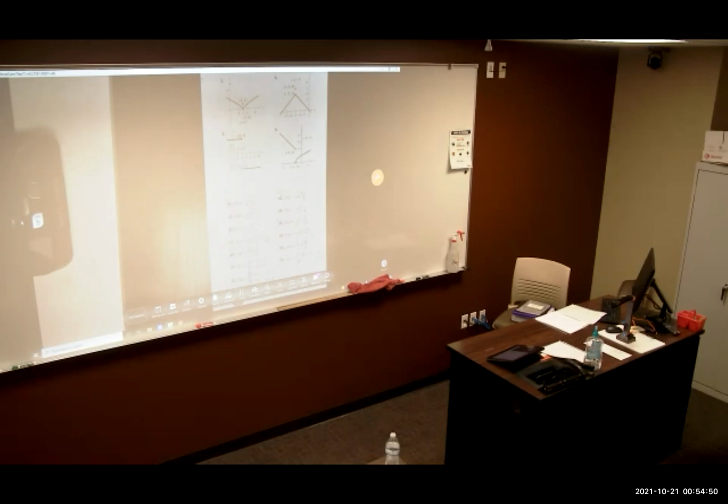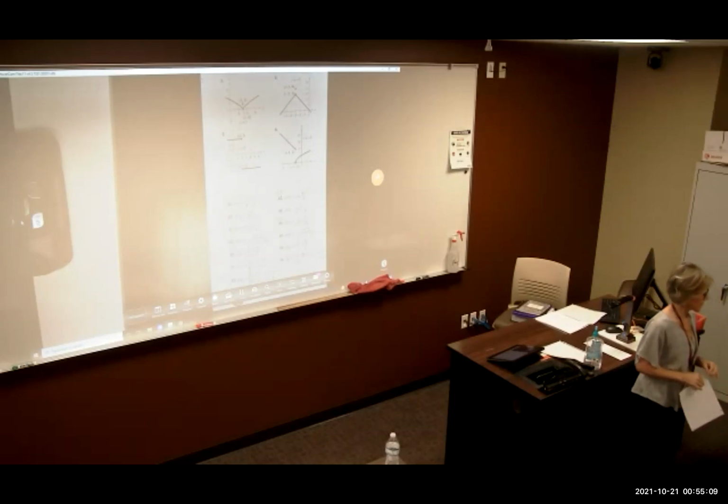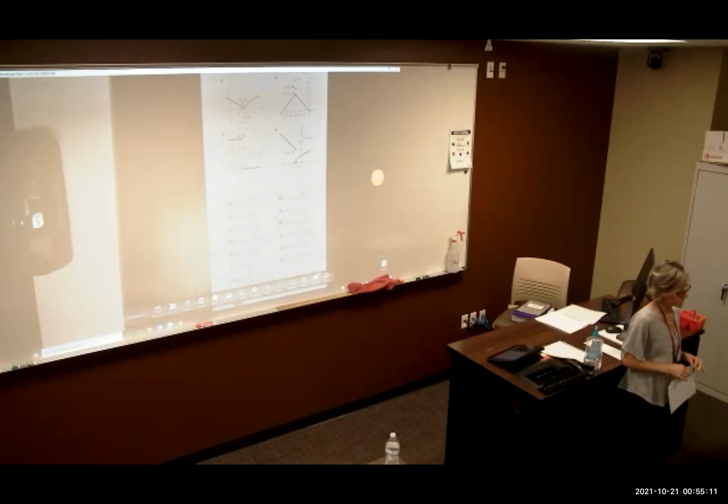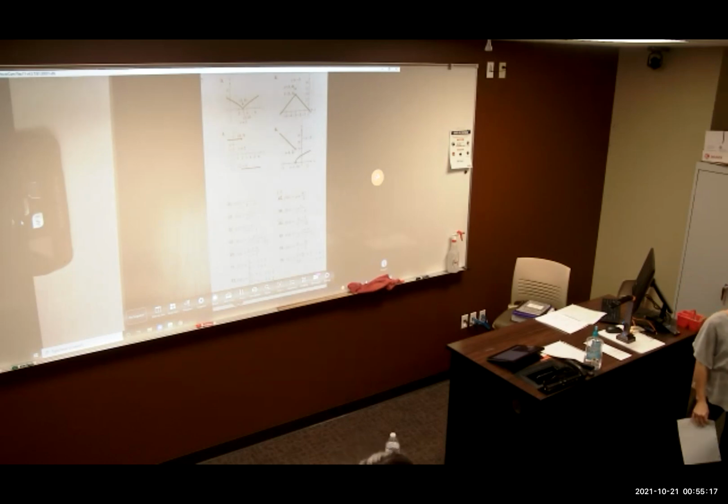So for this, we are interested in, are there any holes occurring? Are there any vertical asymptotes? No, right? So then we would assume that it's going to be continuous, right?